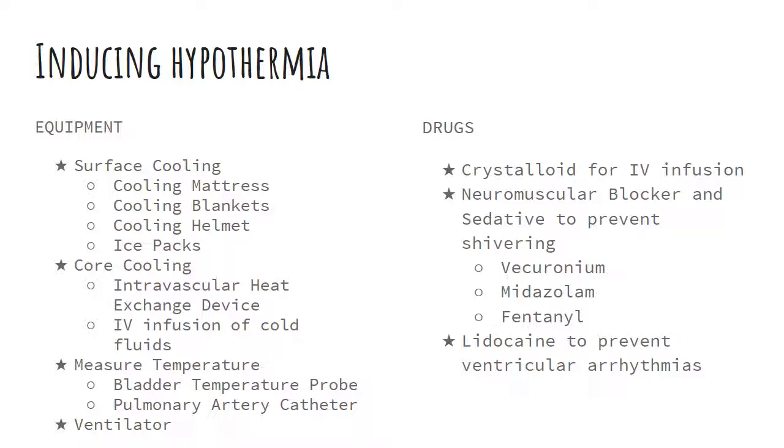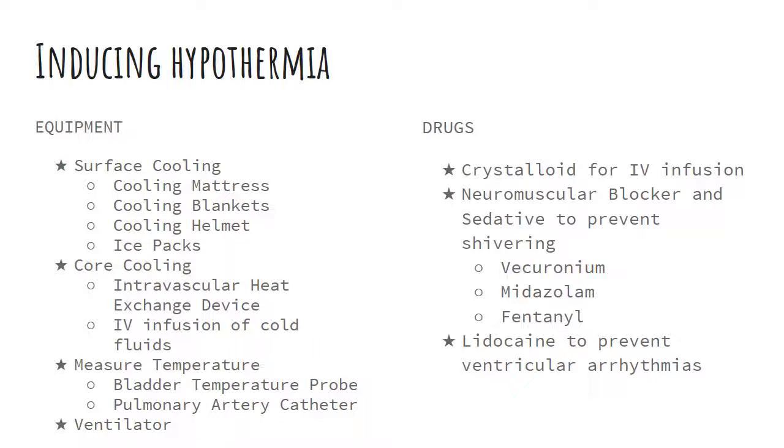You may need a combination of these four, just depending on what really your physician wants and what's indicated for your patient. For core cooling, you're going to need an intravascular heat exchange device and an IV infusion of cold fluids. To measure your patient's core temperature, which is a very important aspect of this protocol, you're going to need a bladder temperature probe and a pulmonary artery catheter.